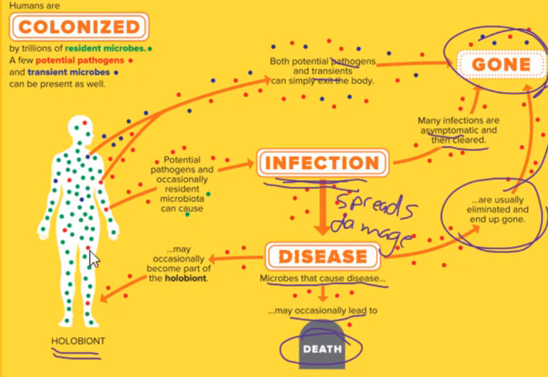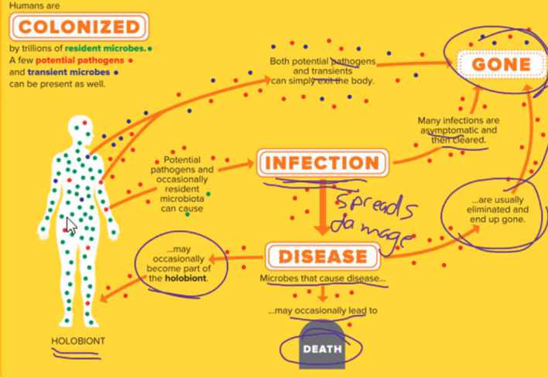They're out of there. Some of these disease-causing ones may eventually become part of the holobiont. They may be kept at lower levels, so you can see a few of these potential pathogens throughout the body that can be part of the microbiota, like Clostridium or some other staph bacteria.